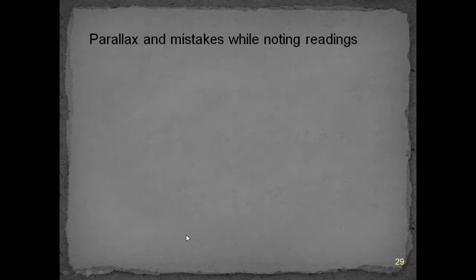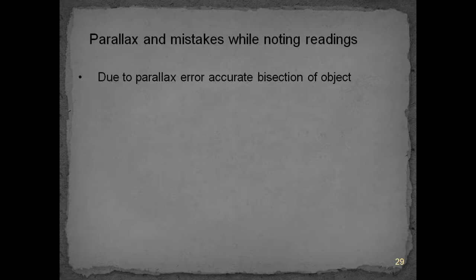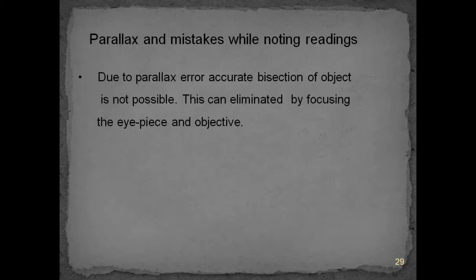Next, parallax and mistakes while noting the readings. Due to parallax error, accurate bisection of the object is not possible. This can be eliminated by focusing the eyepiece and objective glass. This is one of the parts of your temporary adjustment.